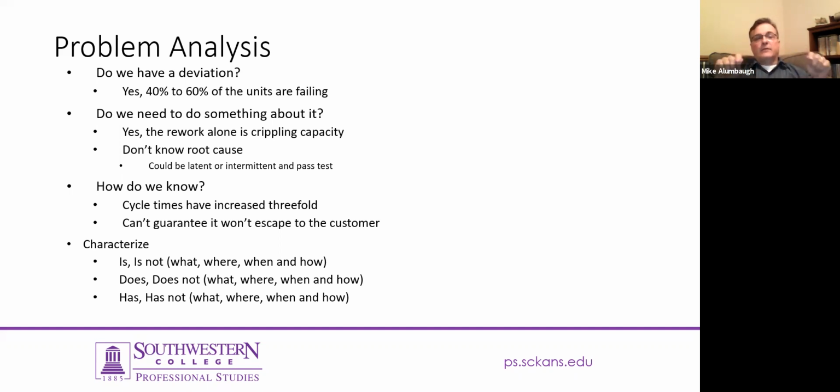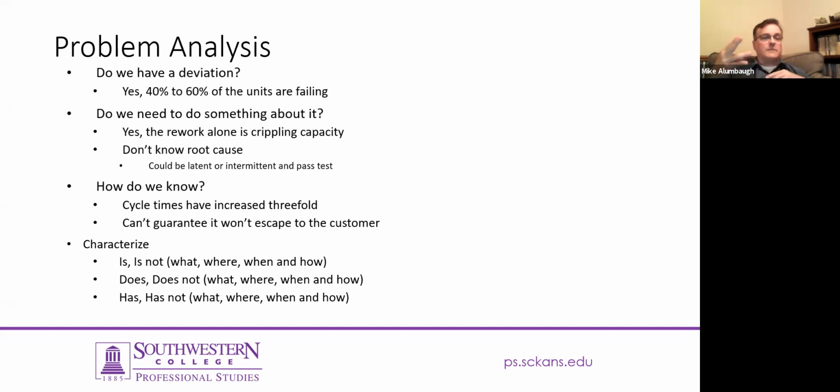But in this case, you have a deviation of a 40 to 60% failure rate, should be versus is. You know that the rework alone is a crippling issue for test and for production. You don't know the root cause. You don't know if it's intermittent. You don't know if it could pass test, which could be a risk to the customer.